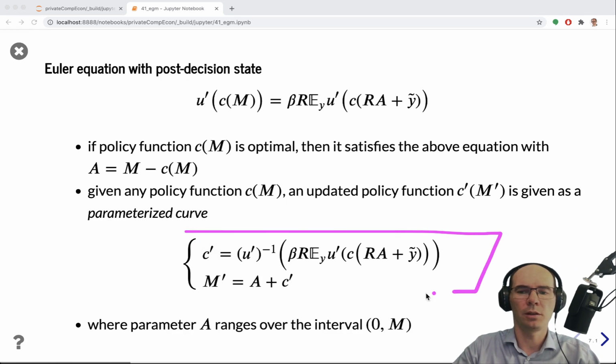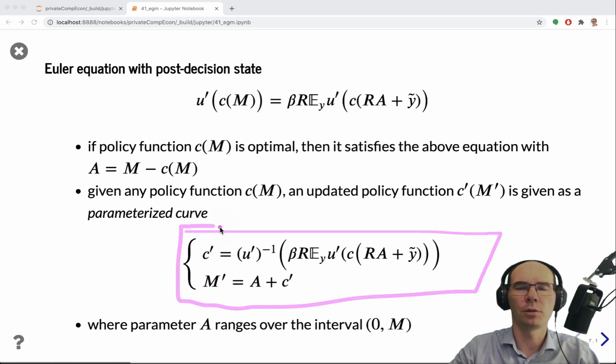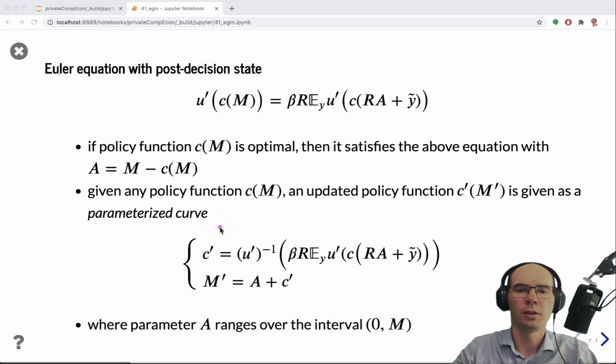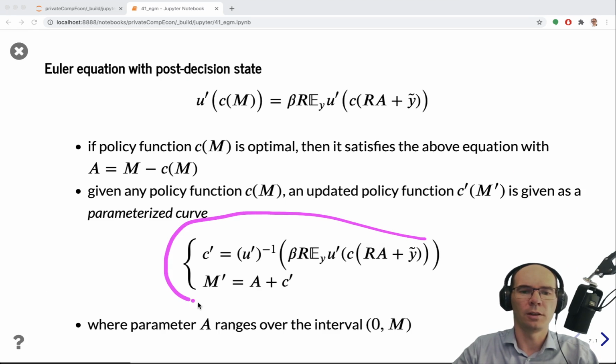This is a completely normal, standard, well-defined function. It's just defined using a parameter A in our case. And this is really the importance of this additional variable A, that allows us to define this transformation of some policy function C of M to get the C prime of M prime.